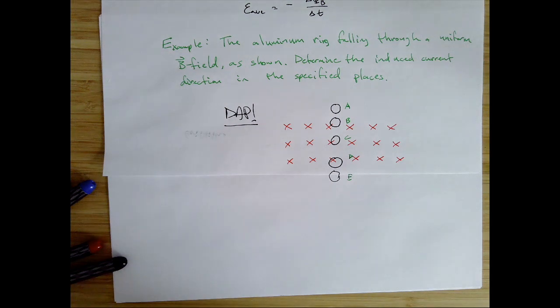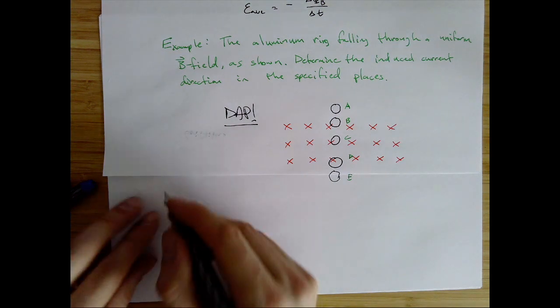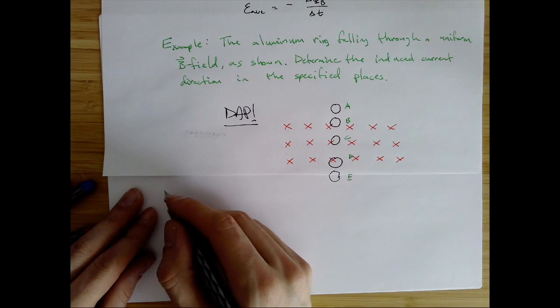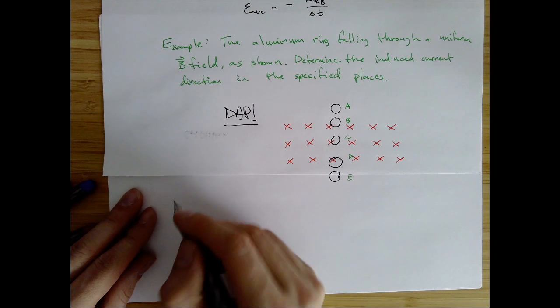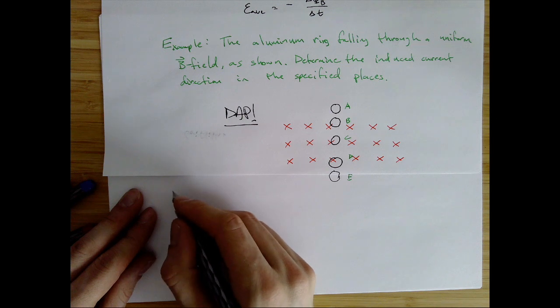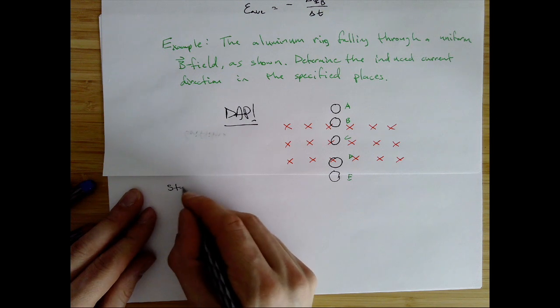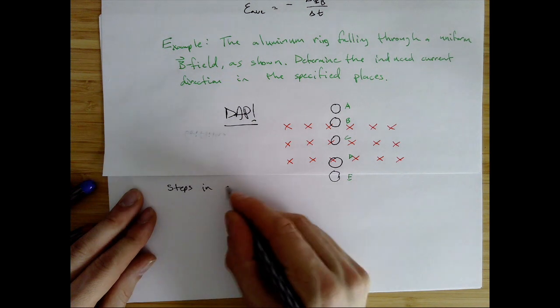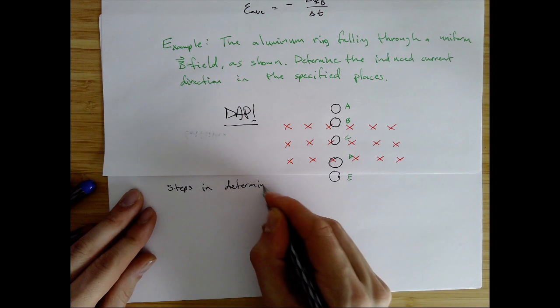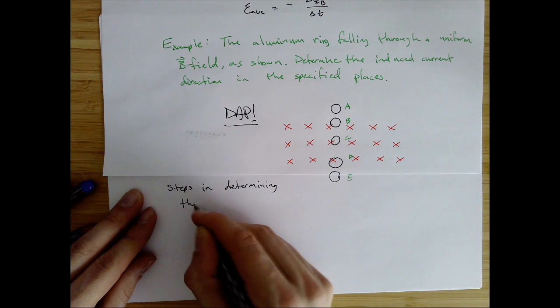And now to do this, we're going to have to go through kind of a step-by-step thought process here. In order to apply Lenz's law to determine the direction of the induced current, these will be our steps in determining the direction of the induced current.